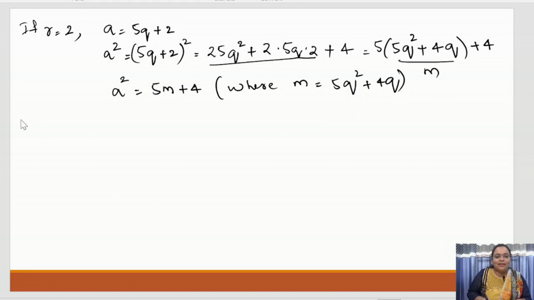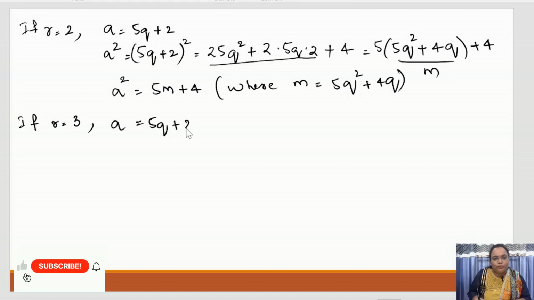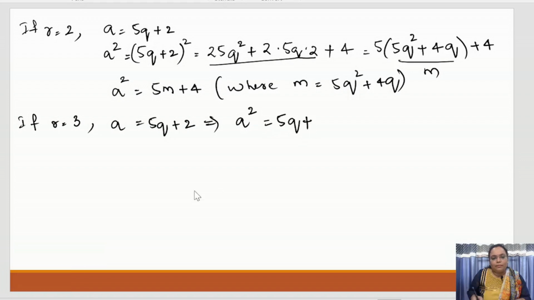Okay. So if r is equal to 3, you will get a = 5q + 3. I am just doing it here. If we do a square, a² = (5q + 3)².